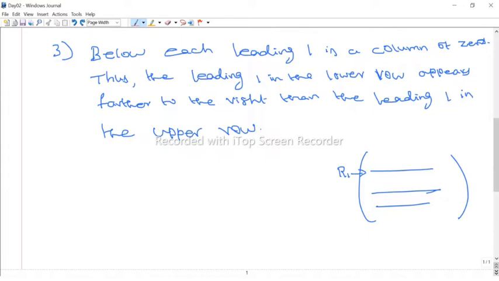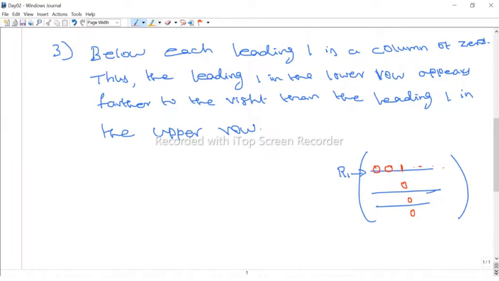Therefore, the previous elements should be 0. So this is a leading one, and the corresponding column below it should be 0.